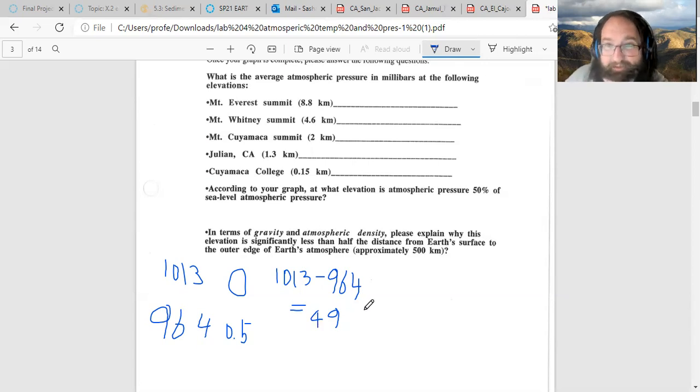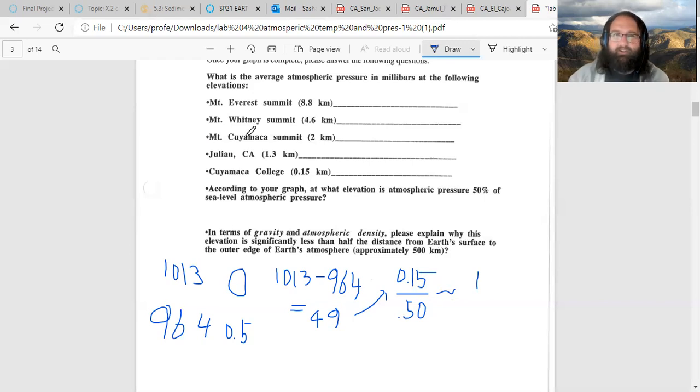Okay, this is looking pretty good. So now we're going to take 49 and this difference here, and do a little interpolation, multiply it by 0.15 over 0.50. And what that's going to give you is about 15, or a little bit less than 15.